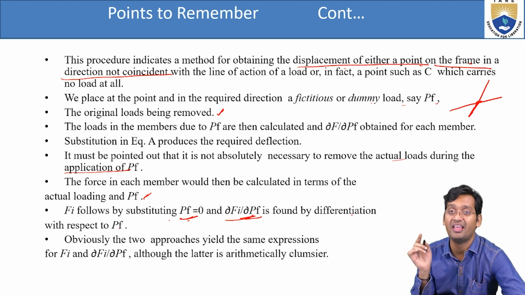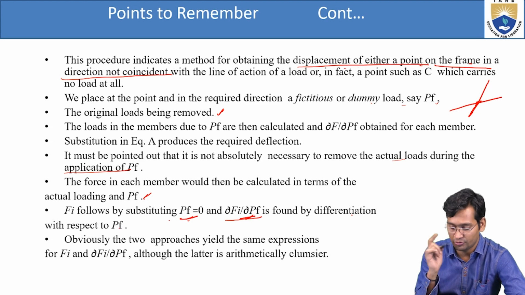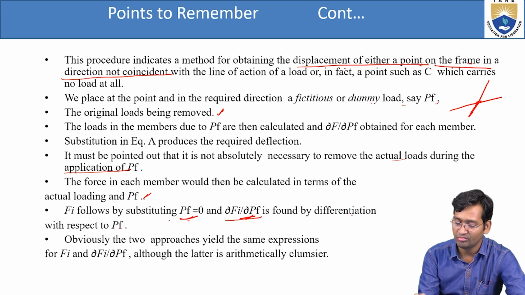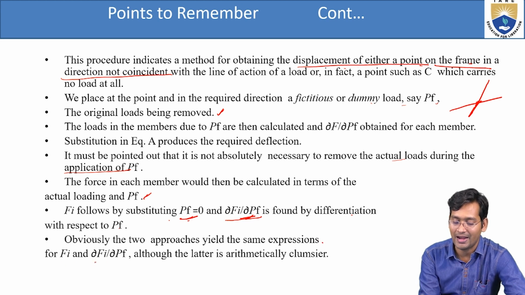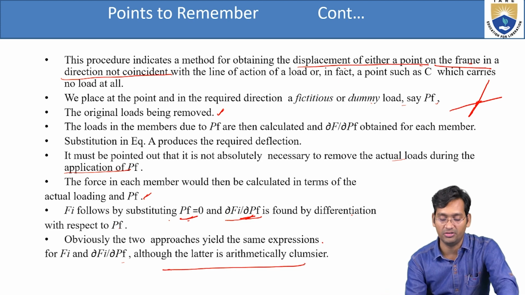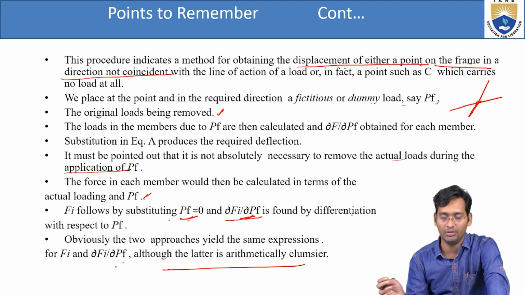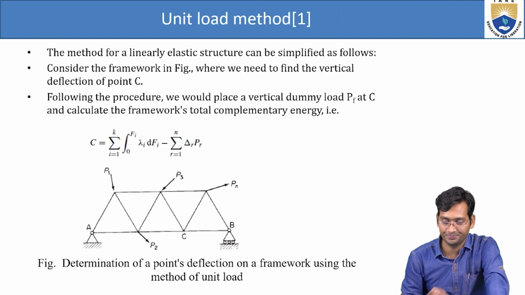Whatever load is acting at that point, differentiate with respect to that. Obviously the two approaches yield the same expression for Fi and del Fi by del PF, although the latter is arithmetically clumsier, which is somewhat difficult; we will see how to do that.